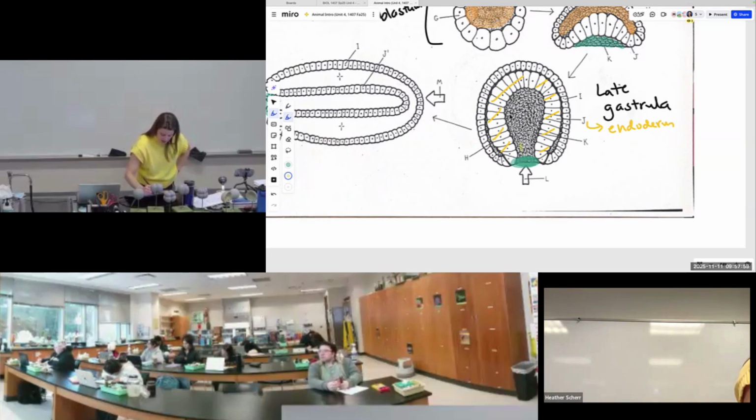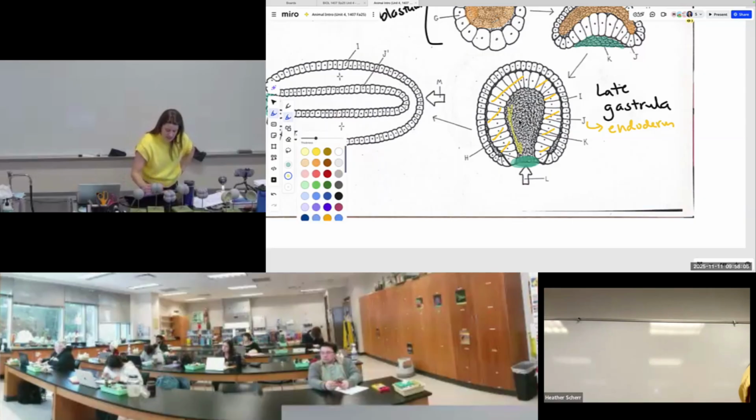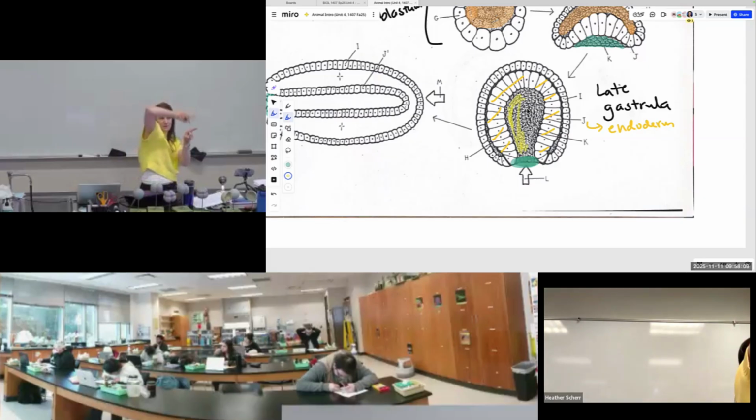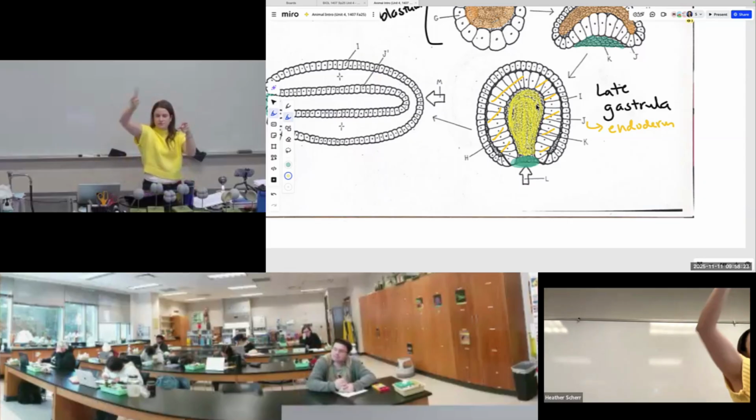Now I'm going to do, you use yellow or orange, the same orange, whatever you want to do here. What's this part in here in the middle? That's this inside. It has that inside word and it's like this sort of shape. The blastopore pushes and makes it into it. What's this shape called? Like a rainbow. An arc, an arch.